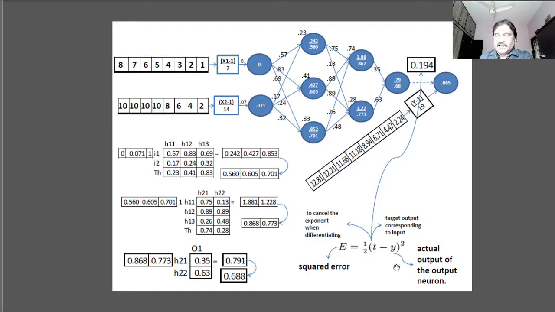Then square. Why am I multiplying it by 1 by 2? I may or may not multiply, but that gives some differentiation advantages.